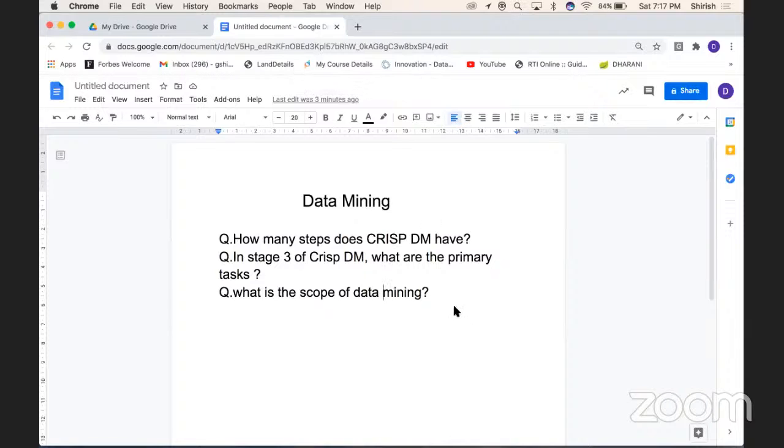Now, why do you call it supervised, friends? Why is supervised called supervised learning?